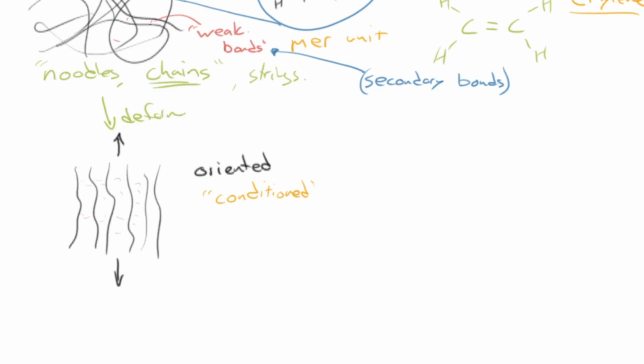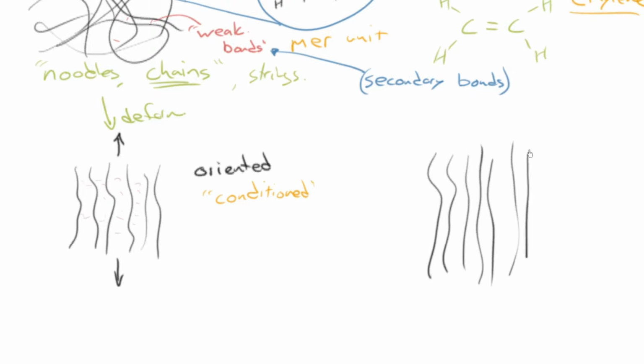So what would happen then if I took this conditioned polymer like this with the molecules oriented, and say I loaded it this way? What do you think might happen? Well, you appreciate we're going to be just overcoming these weak forces between the bonds. So it should be pretty easy for us to stretch this polymer that way.